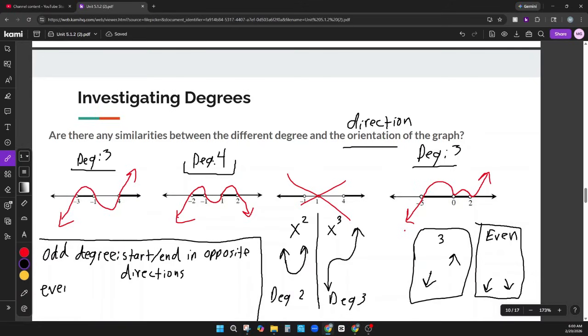And even degrees start and end going in the same direction.